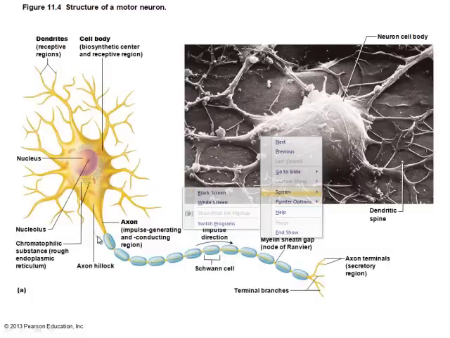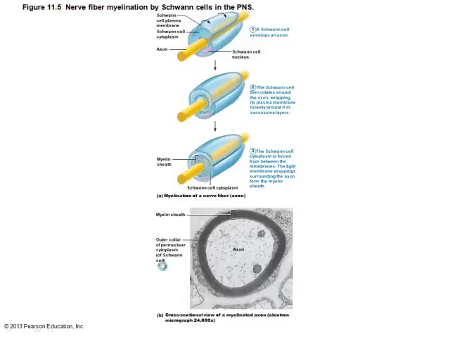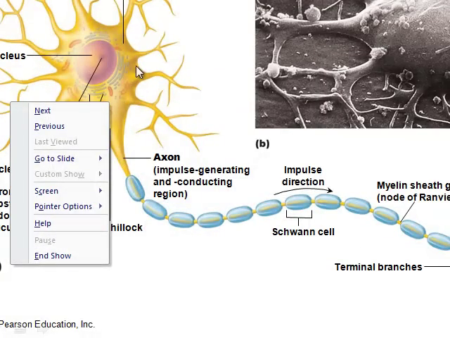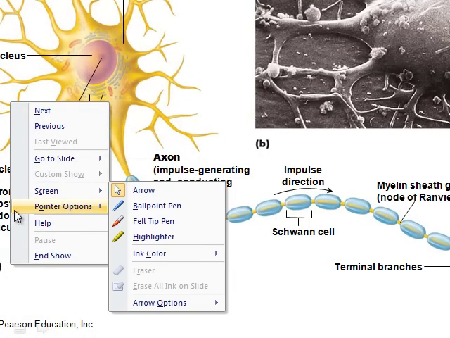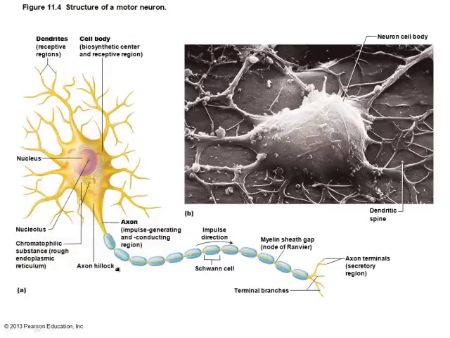Shoot. I am challenged today. Pointer options. Come on, pen. There we go. Okay, so when I look at my, where's my pen? Heat this thing. I have to practice more.